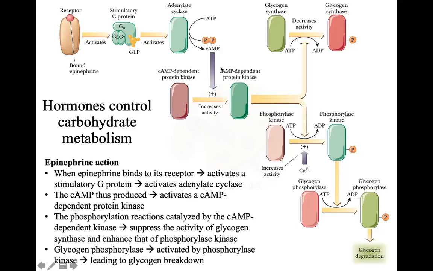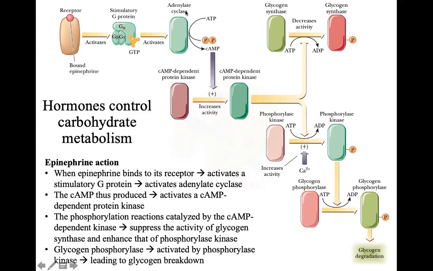And you can see here, this is the cyclic AMP dependent protein kinase. From the adenylate cyclase, the protein can produce the protein kinase and increase the activity of these protein kinases. Okay, this is cAMP dependent. It means that they need the cAMP for the next step.